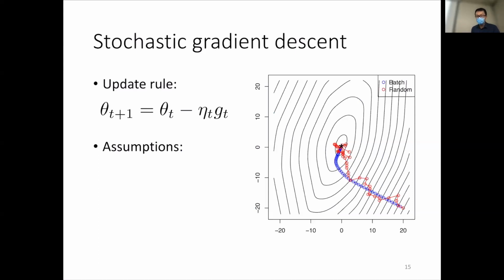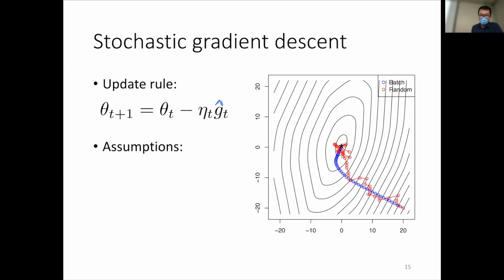So what stochastic gradient descent does is come up with an estimate of the gradient and then move in the negative direction of that stochastic approximation of the gradient.